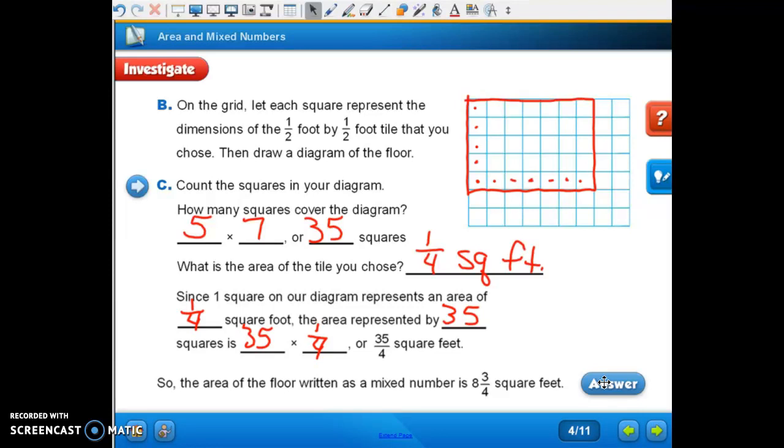So the area of the floor written as a mixed number is 8 3/4 square feet.